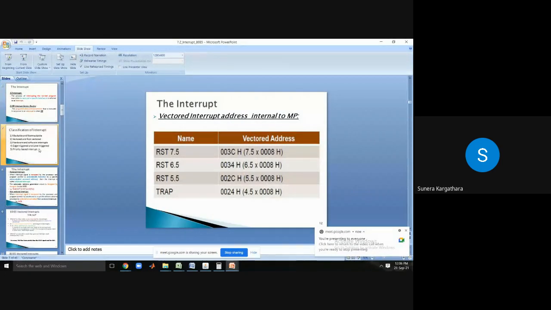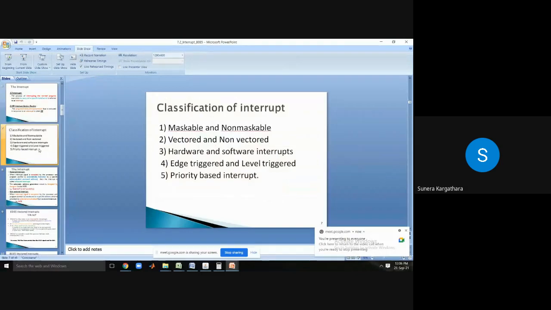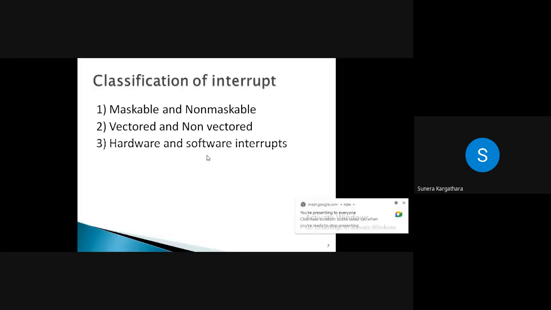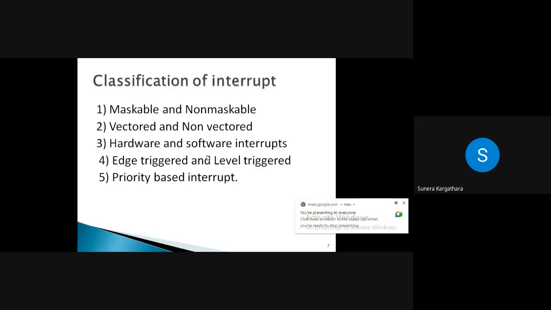So, in classification, we discussed what a vectored and non-vectored interrupt is. My question was, what do you mean by a vectored interrupt? Its address is fixed, right? If an interrupt occurs, the address where the interrupt service routine is stored is fixed in the case of a vectored interrupt.